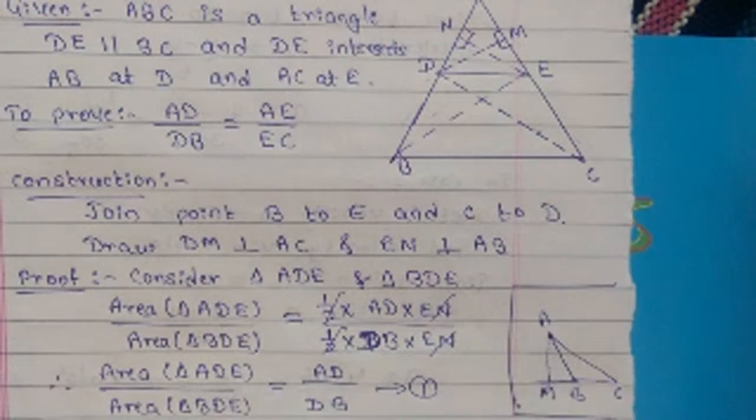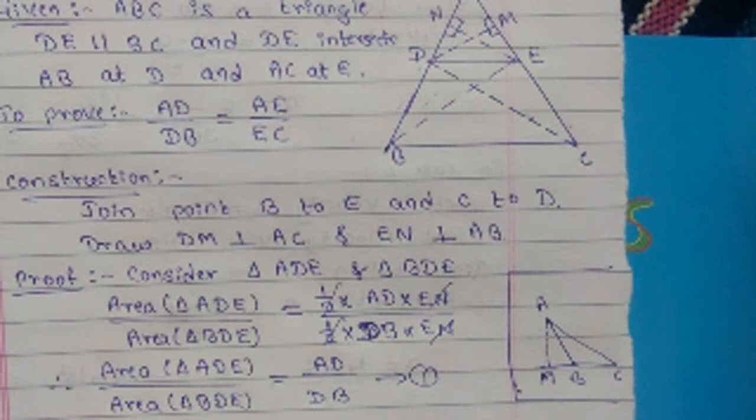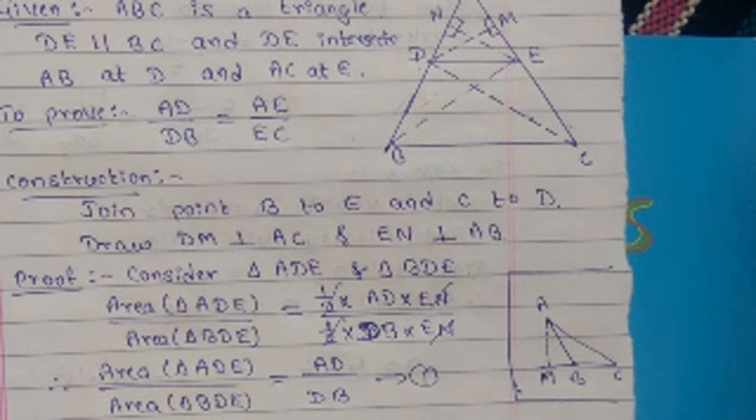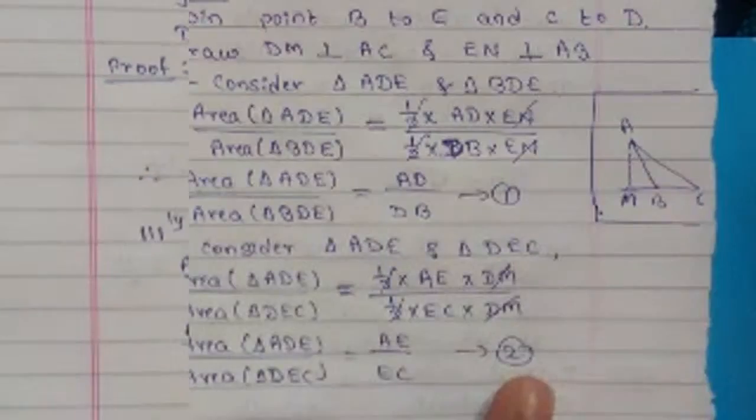In 9th standard, in the parallelogram chapter, we studied that if two figures are present on the same base and between the same two parallel lines, then the areas of the two figures are equal to each other. Or if you consider triangles, if two triangles are present on the same base and between the same two parallel lines, then the areas of the two triangles are equal to each other. Therefore, the left hand side of equation 1 and the left hand side of equation 2 are equal to each other. So I'll write the statement.